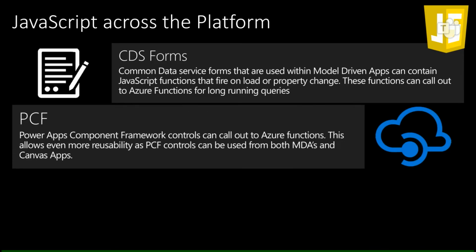PCF controls, Power Apps Component Framework controls, one of the best things to come to the platform recently. If you've not seen them or worked with them, it's the bit of reading to do out of today afterwards. They are a web packet that you can put on both model-driven app forms that we talked about above and on Canvas apps as well. So that's wicked.